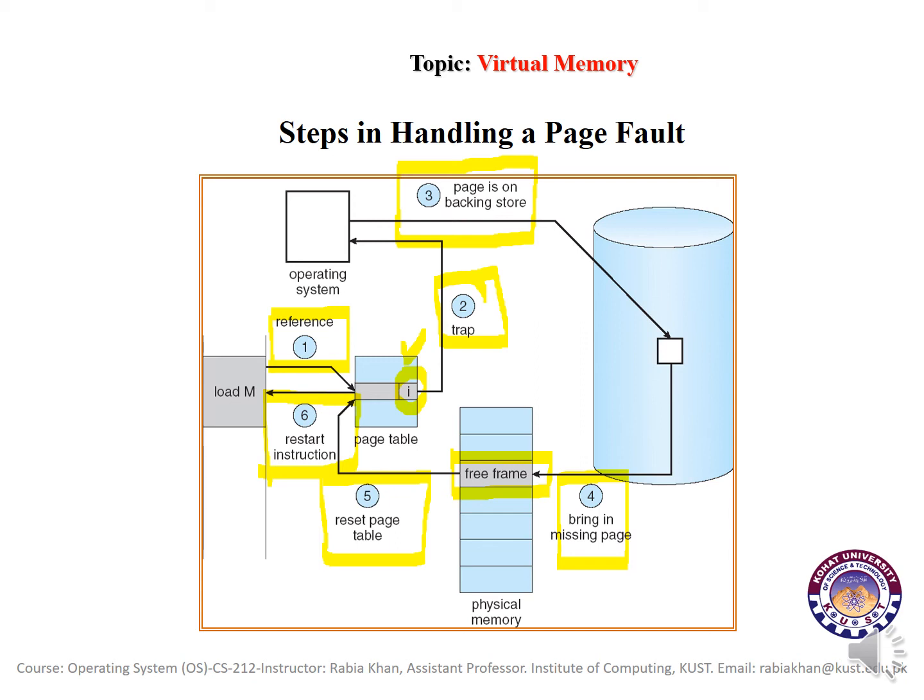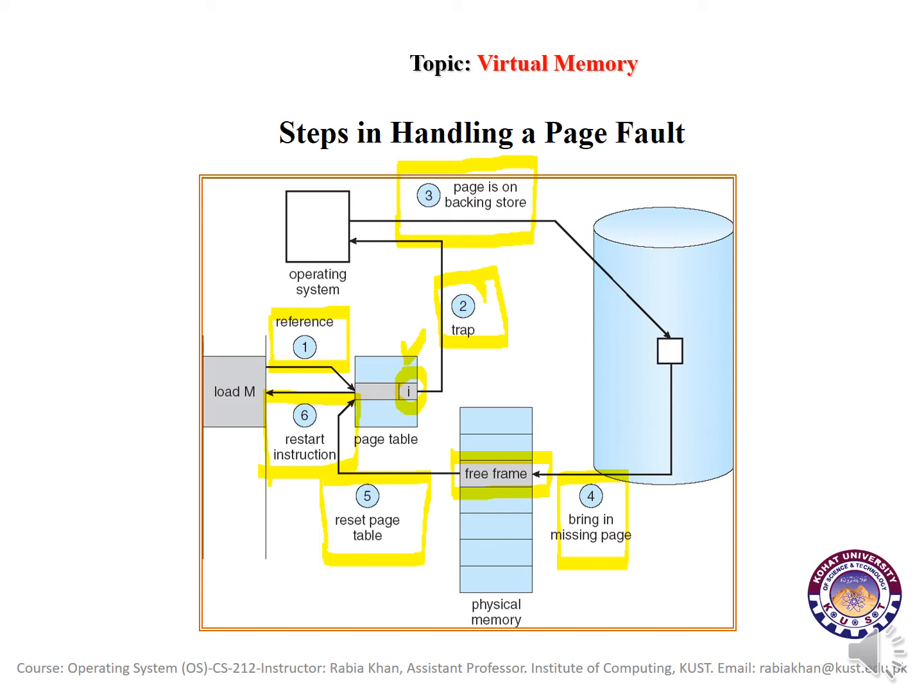The operating system looks at the page table to locate the referenced page. If the protection bit of the referenced page is 0, that means this specific page is not present in RAM. So the operating system has to stop everything and start searching for that page on secondary storage.